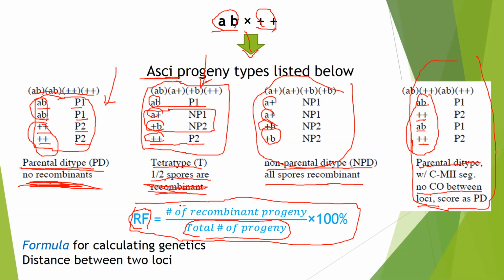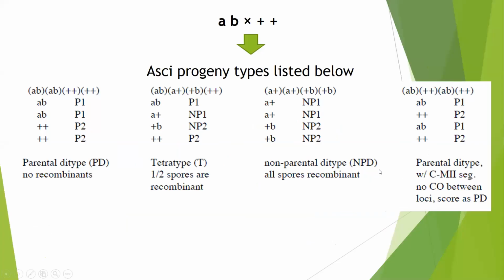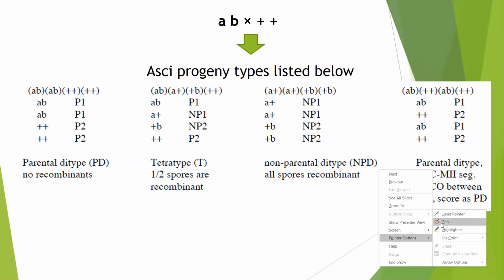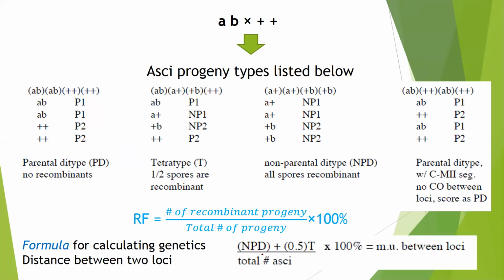The numerator will be the number of recombinant progeny. So in this case, let me erase this. The denominator will be the total number of ascus, and the numerator will be 2 parts. One part is from here.